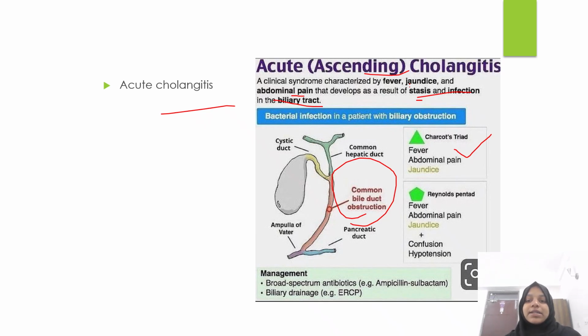Along with that, if there is confusion and hypotension due to the severe infection, it's called Reynolds' pentad. Mainly you manage with broad spectrum antibiotics along with biliary drainage. If there is obstruction due to stones, you may have to go for an ERCP. Before doing an ERCP, you usually do an MRCP to localize the site. Then you can go for an invasive technique like ERCP.